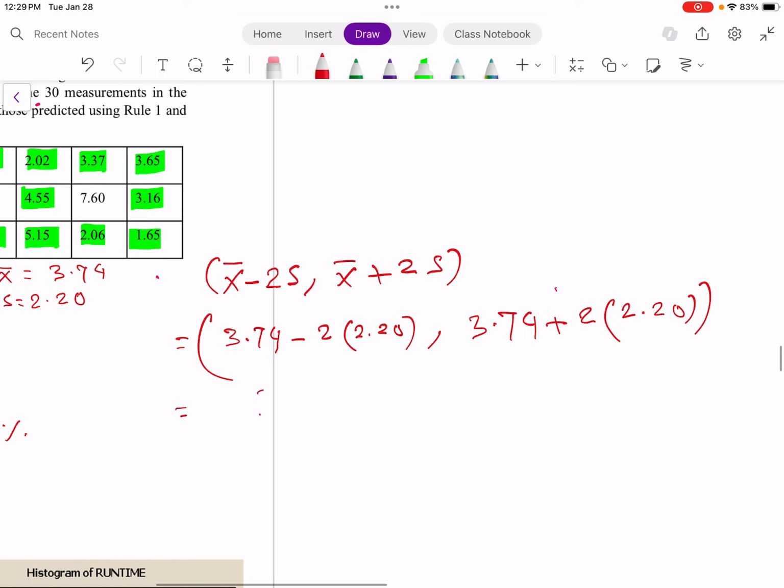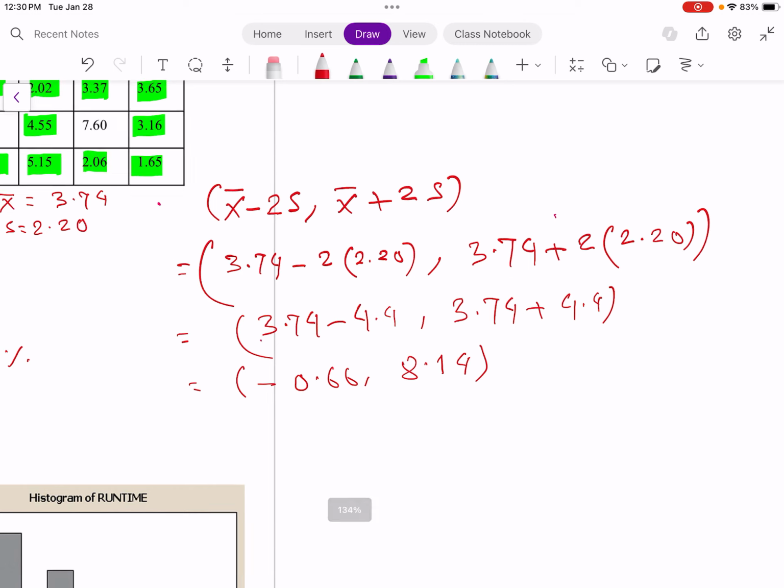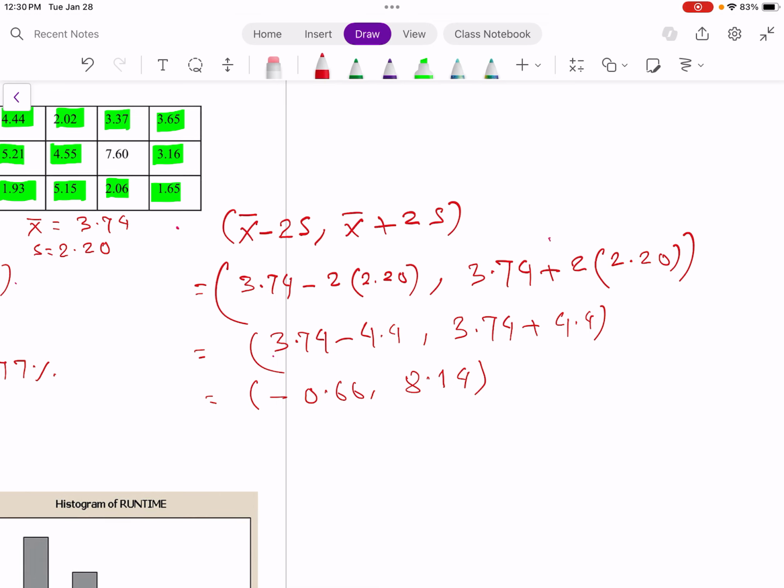So this is 3.74 minus 4.4 and 3.74 plus 4.4. 3.74 minus 4.4 is negative 0.66. 3.74 plus 4.4 is 8.14. So we have this interval, and this is our 2 standard deviations of a mean.